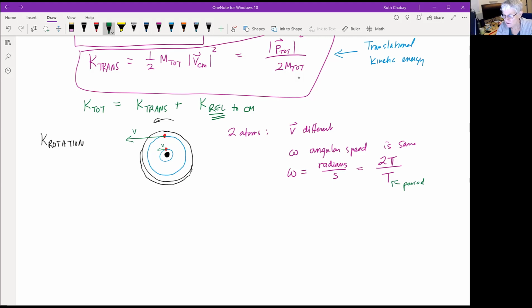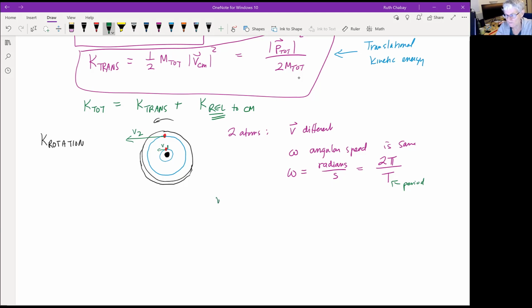Now, how is this related to speed? Well, the speed of an atom. Let's see, we'll call this atom 1, and this is atom 2.